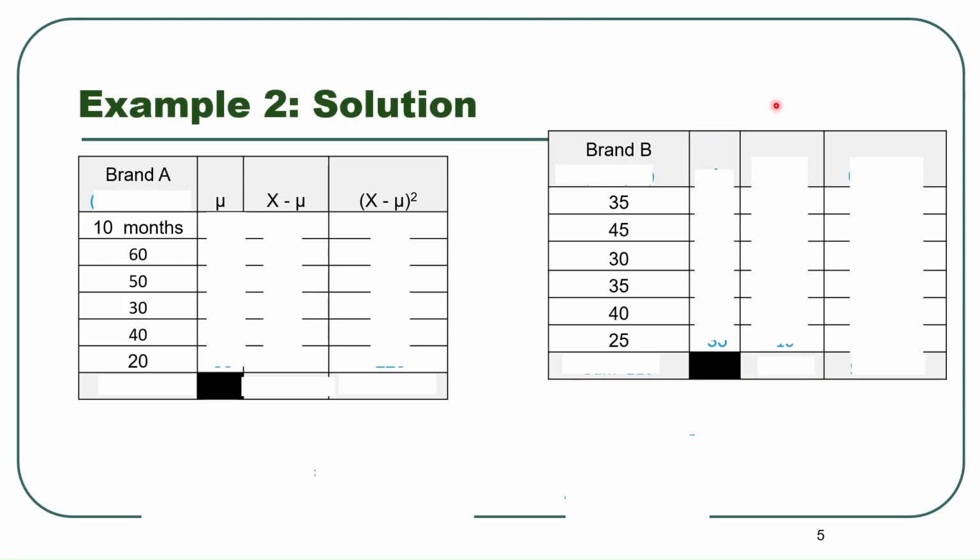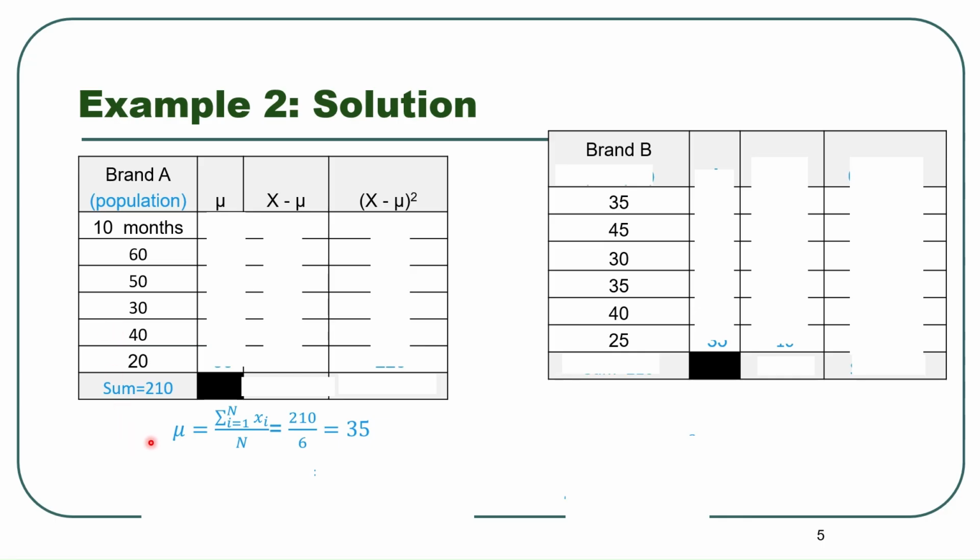Let's calculate the mean first for brand A. The mean, this is a population, so the mean is mu, the sum of all my observations over how many observations I have in my data. The sum of these gives me 210 over 6 observations, which gives me 35 months.